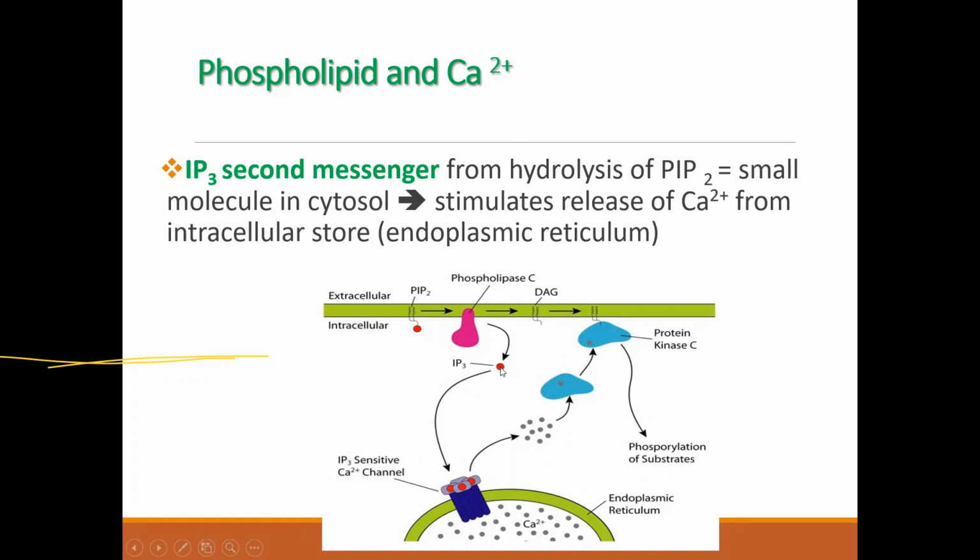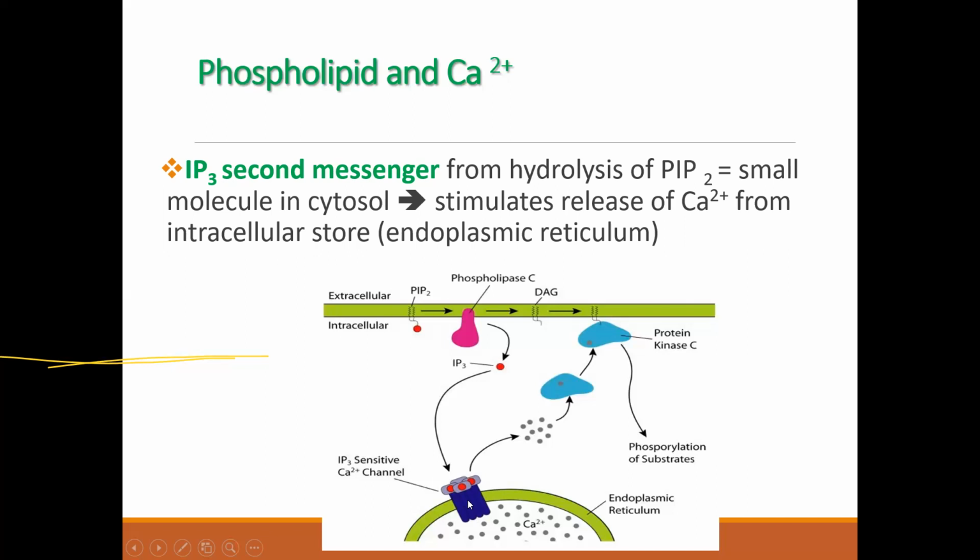The small IP3 molecule will go to the endoplasmic reticulum, which is the storage of intracellular calcium. IP3 will bind to the calcium ion channel on the membrane of the endoplasmic reticulum.